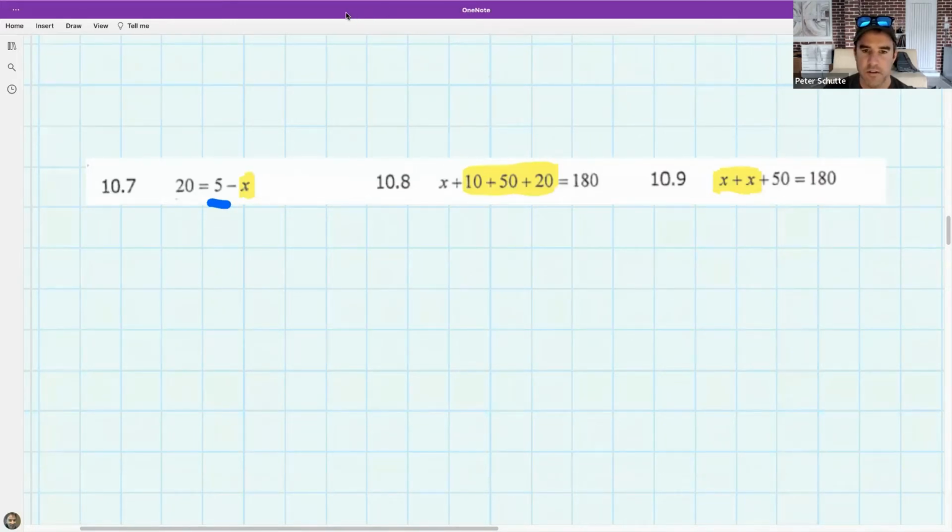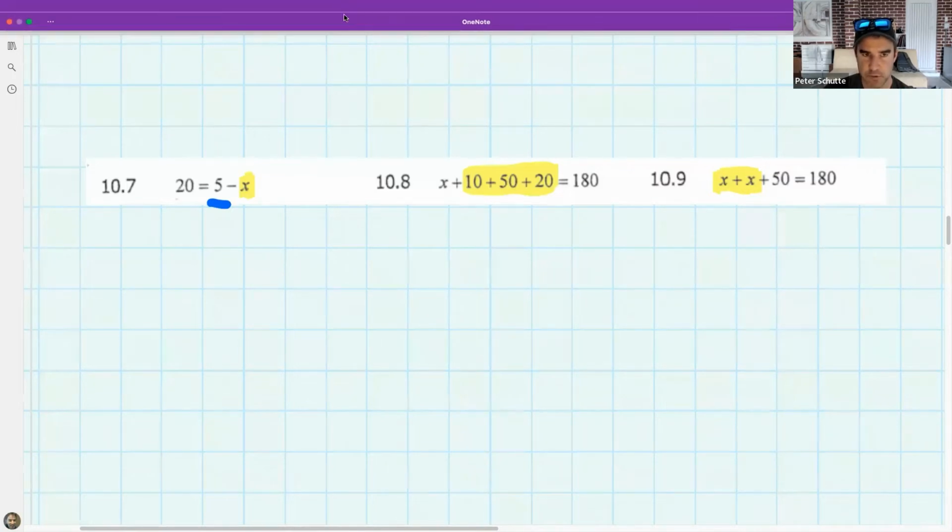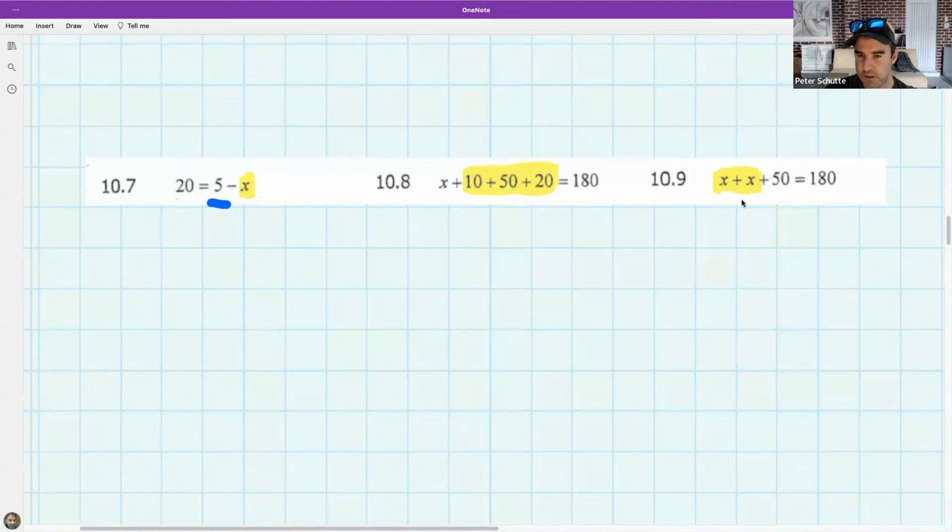I'm glad Lisette says she understands now. I'm actually going to do 10.8 and 10.9 first. If anybody would like to give me the answer for 10.8 or 10.9, could you put your hand up? And then I'll do 10.7 last.